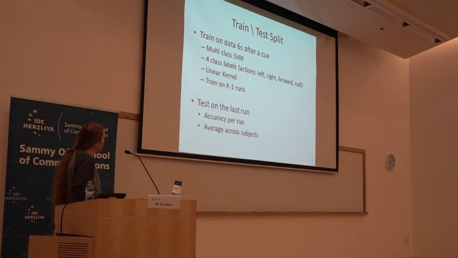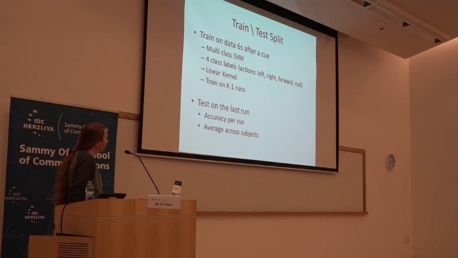If you imagine this sort of signal that peaks around 8 seconds after a cue, we take the signal itself 6 seconds after a cue, in order to train a multi-class SVM, which, I'm sure everybody knows, is a support vector machine classifier. We use 4 classes, which are actions for left, right, forward, and null.